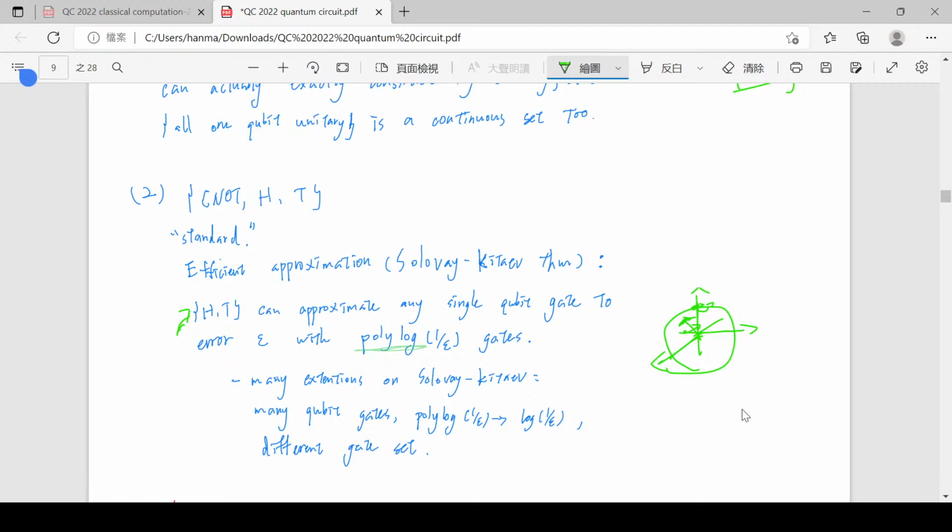Kind of like if you keep adding an irrational number, you will fill the whole real line. That's a very rough intuition.